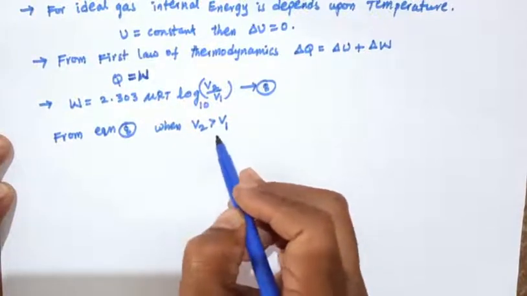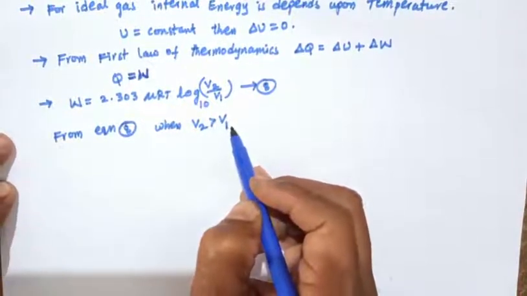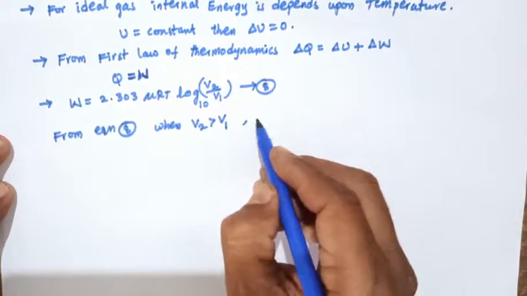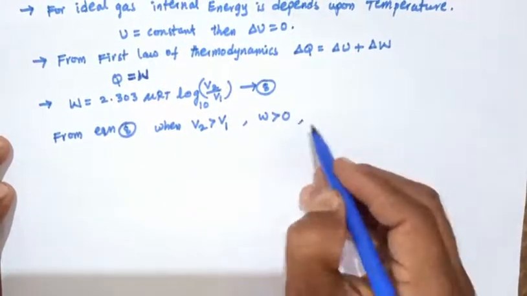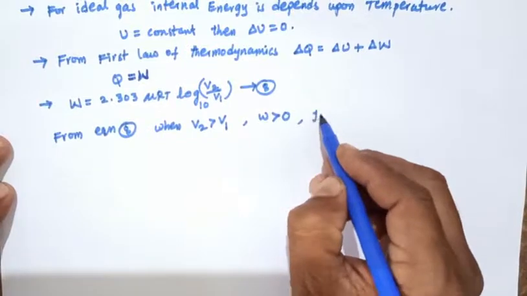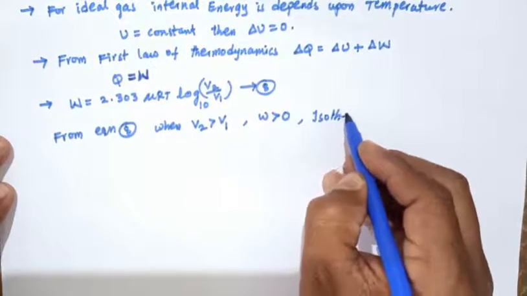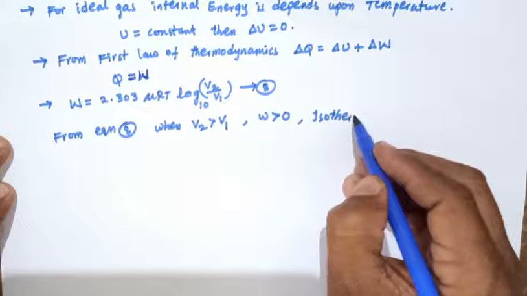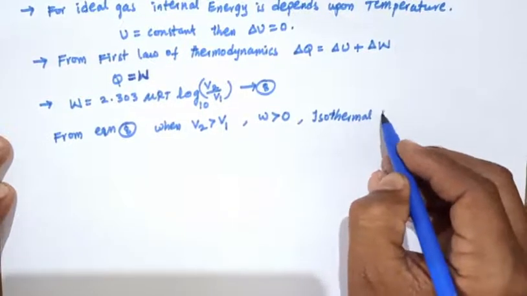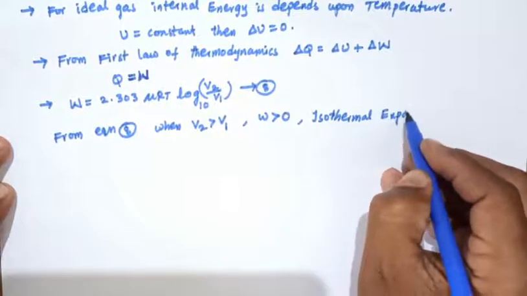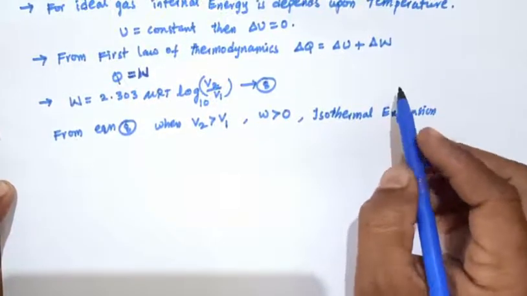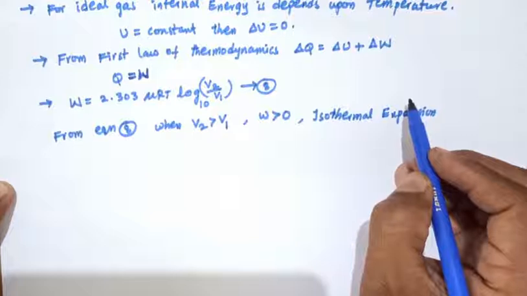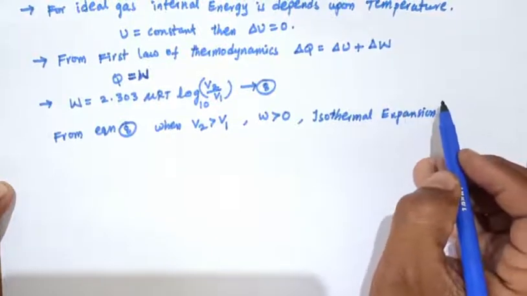So when V2 is greater than V1, the work done is greater than 0. This process is called isothermal expansion. In isothermal expansion, the gas absorbs heat and does the work.